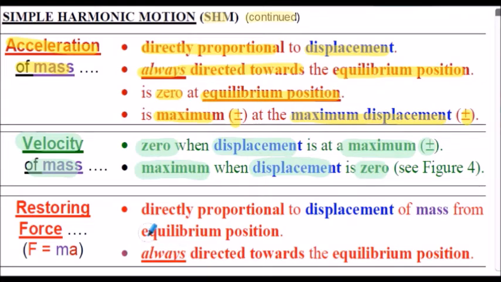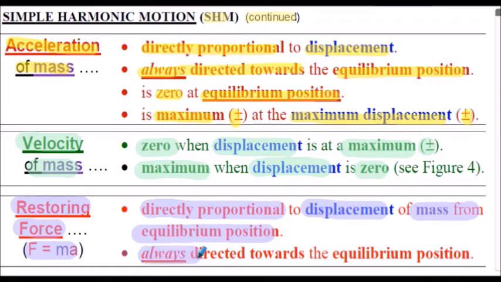And if we have an acceleration in our system, then from Newton's second law, F equals ma, there must be a force in our system, termed the restoring force here. This force is directly proportional to the displacement of the mass from the equilibrium position and always directed towards the equilibrium position. Those are the characteristics of the acceleration, so you'd expect them to be also the characteristics of the force.